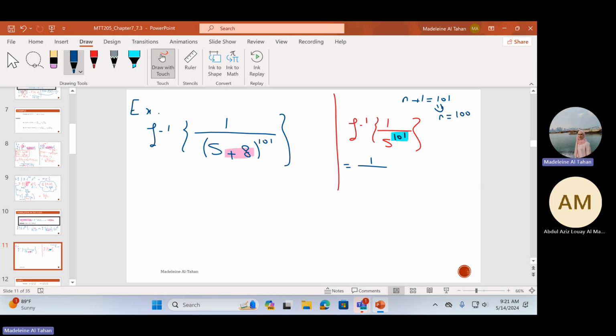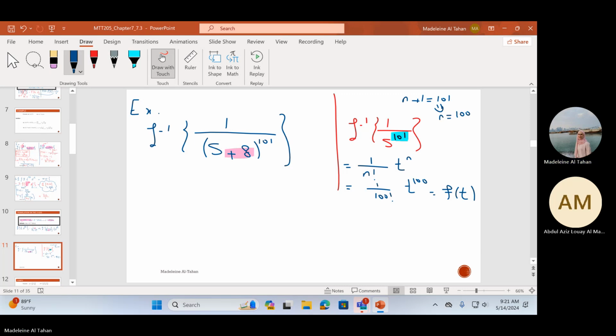So it is t to the n over n factorial, which is t to the 100 over 100 factorial. This one we call f of t.